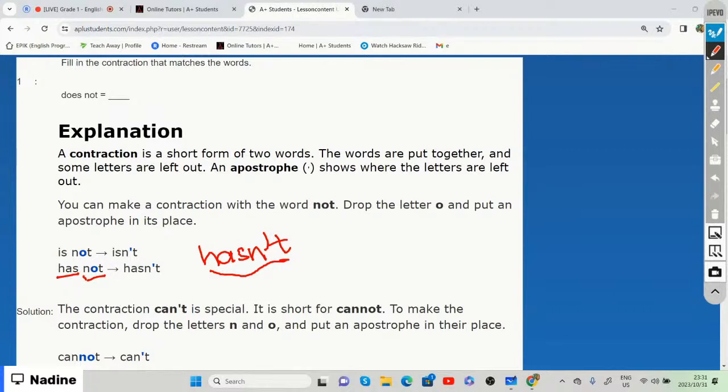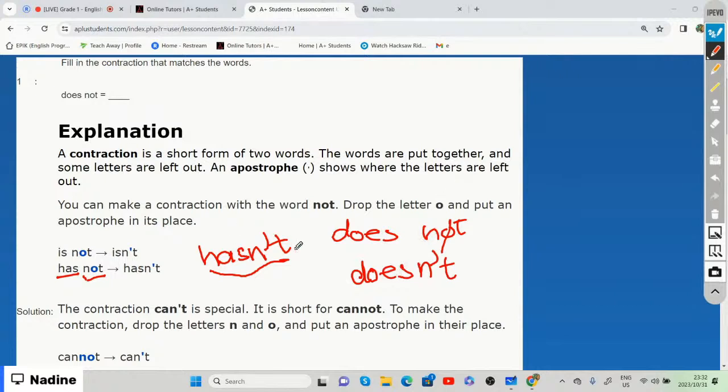And even doesn't, right? Doesn't is basically does and not. Remember we said that the first word comes down, we leave does, and then with not, we put down the N, we remove the O, we put the apostrophe, and we add the T. Doesn't, which also means does not.